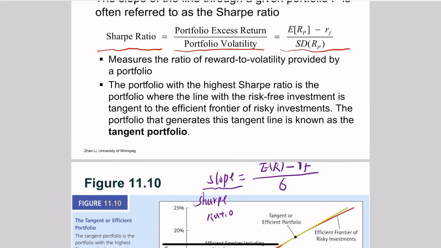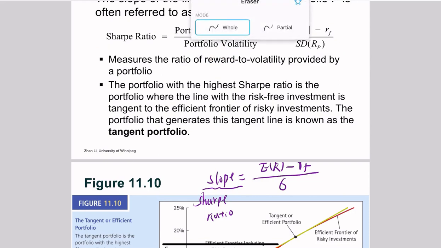You could also see that Sharpe ratio is a ratio of reward to volatility. Okay, I found this on the web for ratio of reward to volatility. Sorry, guys.